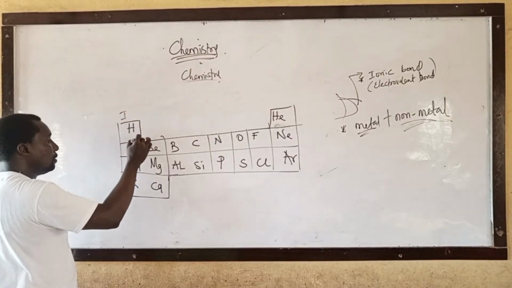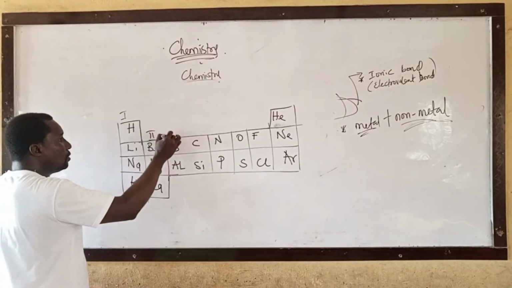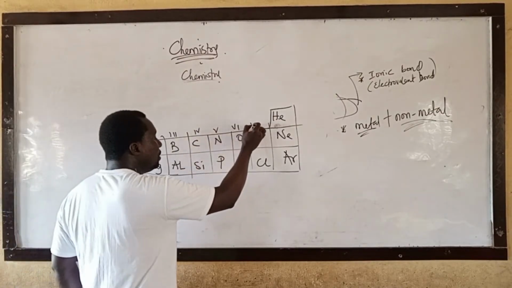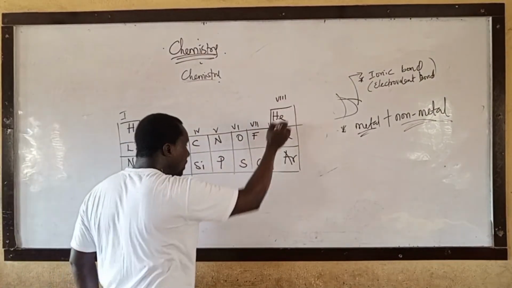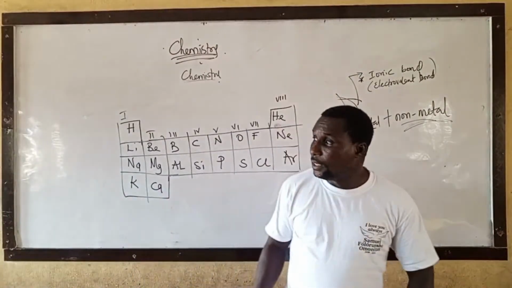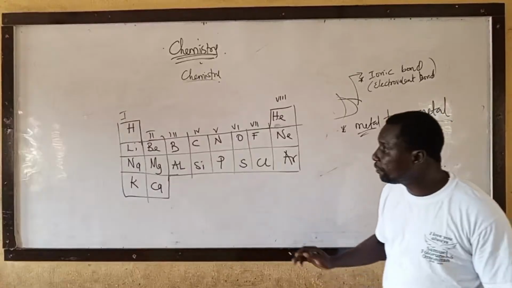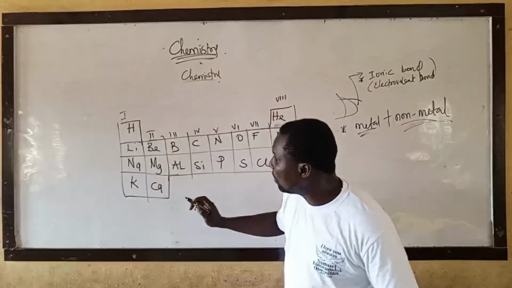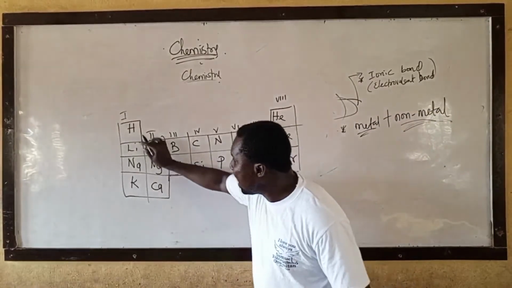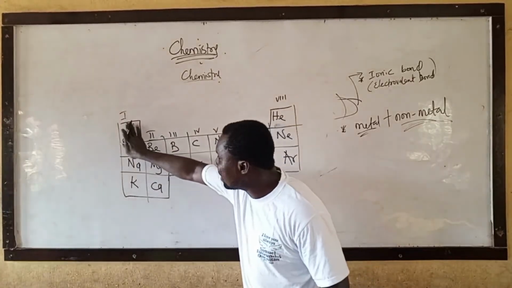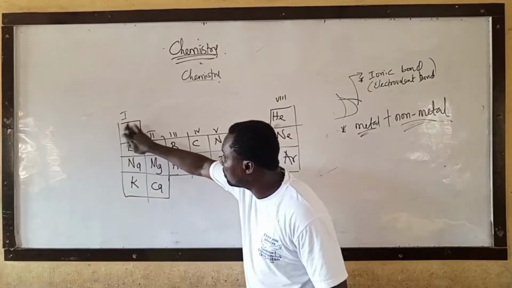Group 1, Group 2, Group 3, Group 4, Group 5, Group 6, Group 7, Group 8. Take note of this. This is the periodic table of the first 20 elements. Please listen, class and online students. Elements in group 1 are metals, apart from hydrogen.